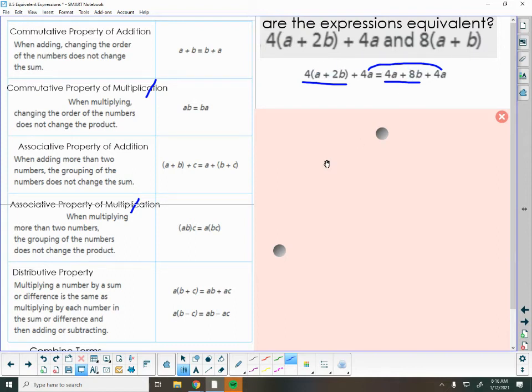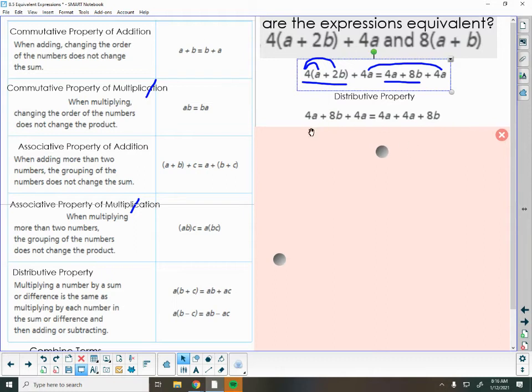This one doesn't. So let's see, did they distribute? Did they give the 4 to the a, 4a, give 4 to 2, 4 times 2 is 8 b's. So it looks like here they used the distributive property to give the 4 to the a, give the 4 to the 2b. So now let's see, we have 4 a's plus 8 b's plus 4 a's.